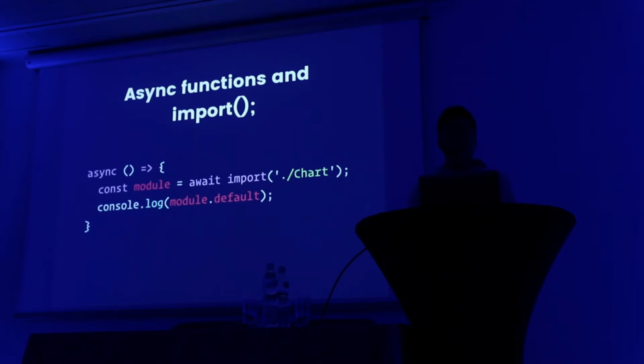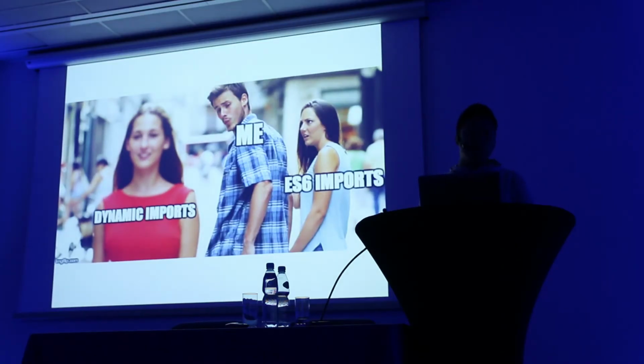You simply add async to the wrapping function and add an await right before you import. After this, you can access the resolved module as usual, as you would in a synchronous way. Now it's probably the same feeling, but with dynamic imports. But I don't think it will be replaced by sync imports, like ES6 and CommonJS imports, anytime soon.